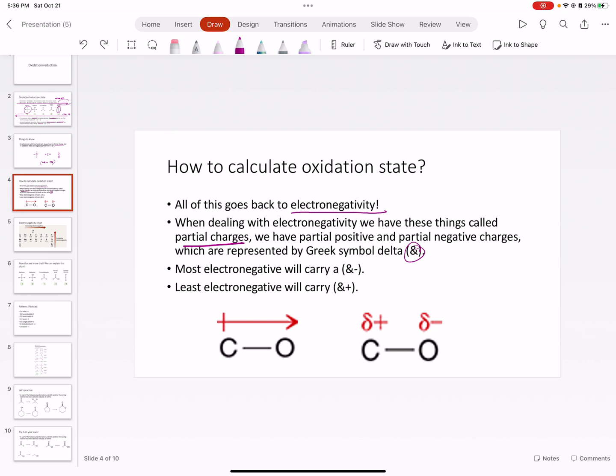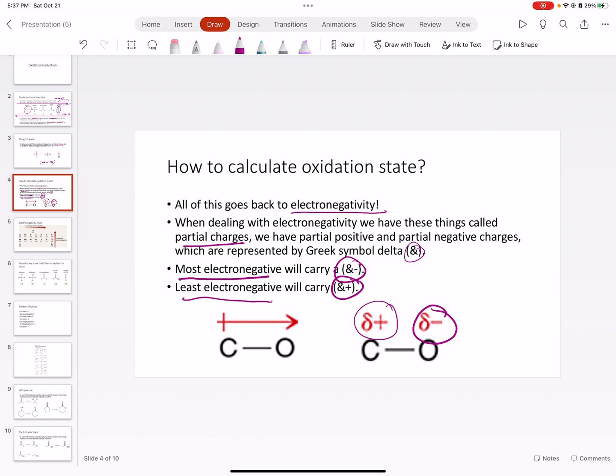I know this can be confusing, but the most electronegative atom will carry a partial negative charge, while the least electronegative will carry a partial positive charge. As you can see, oxygen is more electronegative than carbon. Therefore, oxygen carries a negative charge, while carbon is less electronegative than oxygen, so it's going to carry a positive charge.